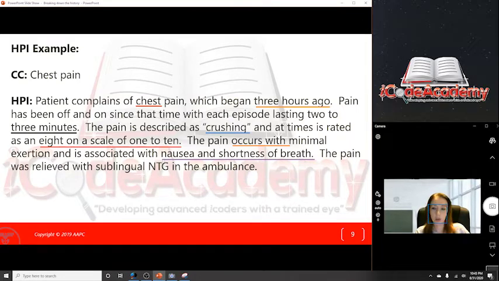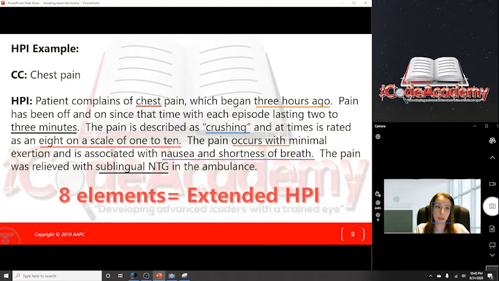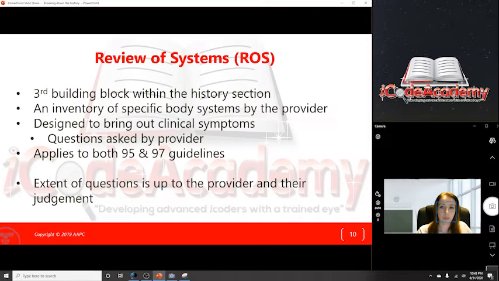So right there, we're going to take that as an associated sign and symptom. And lastly, we have a modifying factor where the provider indicates that the pain was relieved with a sublingual NTG, or that is a nitro. So let's add all these up, and we can see we have a total of 8 elements. Anything more than 4 is going to be that extended HPI. All right, awesome job. Let's do another one. Oh, just that one. Sorry, I got ahead of myself.